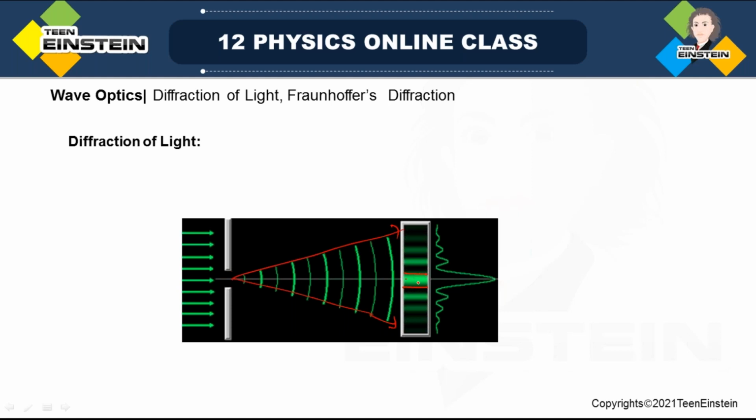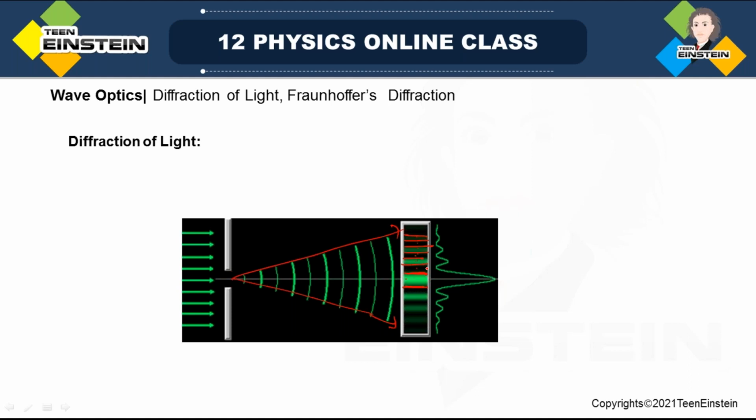First, in the middle there will be a bright white patch of light, and then continuously decreasing bright and dark regions. This is a dark region and this is a bright region. So it is a wide and most bright region, then alternately dark, bright, dark, bright. This kind of thing you will see.